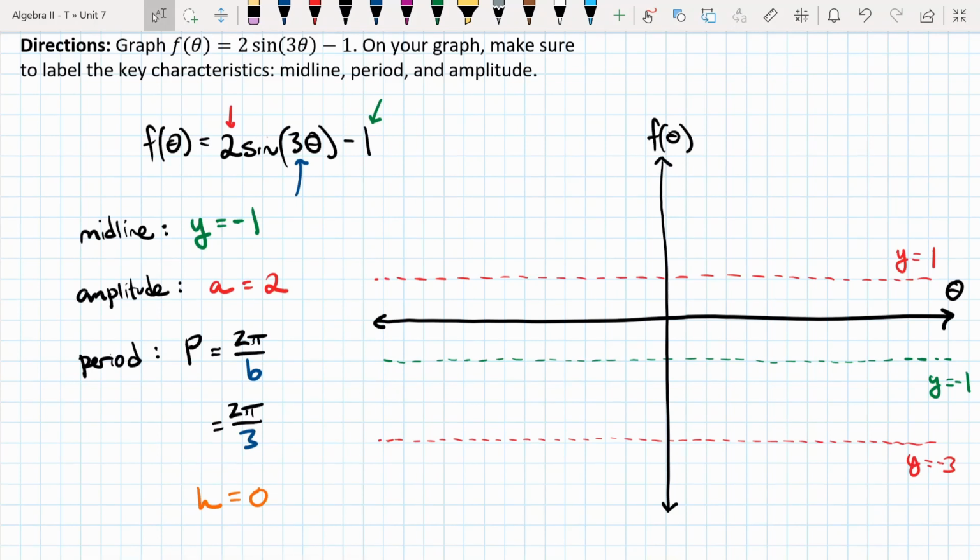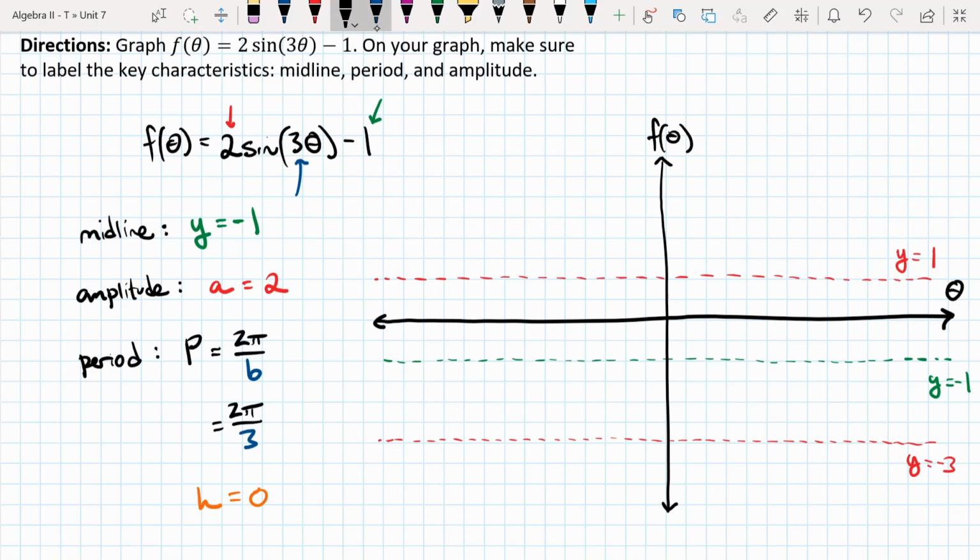lower bound. The period will tell us the distance of one cycle. Okay, so we're going to do two things here. Let's start by identifying the function that we're dealing with. That's going to be sine. It's a positive sine function.